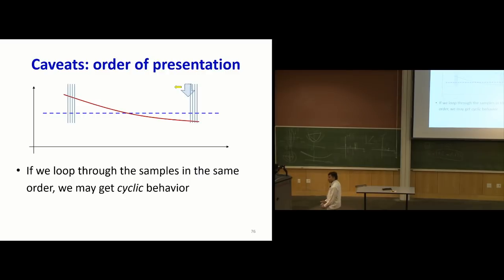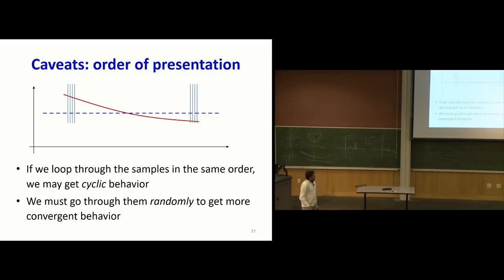The next time around, I come back to the beginning and push the function down on this side, and it goes up on the other side. So if I go through all of the points in a very deterministic manner, I can end up getting such cyclic behavior. If there's any kind of structure to how the data are arranged, I push the function down here, it goes up there, I correct for that, this goes bad, and I keep oscillating between the two.